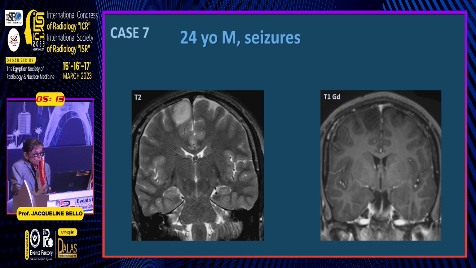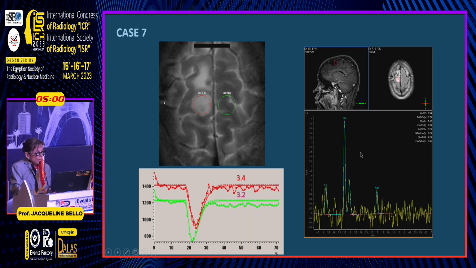So this is the other patient, high right frontal lesion, same exact sequences, coronal T2, T1 with gadolinium, not a whole lot of enhancement. How about the perfusion? Again, very little help. The red graph is the lesion, 3.4.